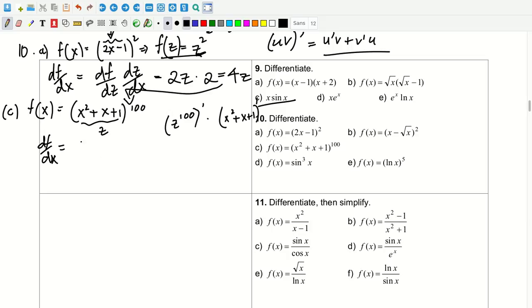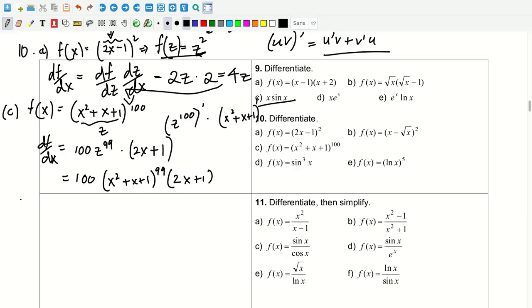The derivative of z to the 100 is just going to be 100 z to the 99. That's power rule. Times 2x plus 1. And so I just finish it off by punching in what z was. z was x squared plus x plus 1. 2x plus 1, and I'm done.